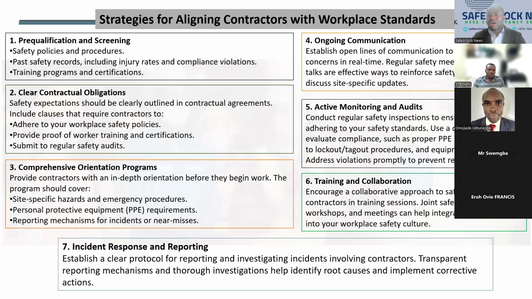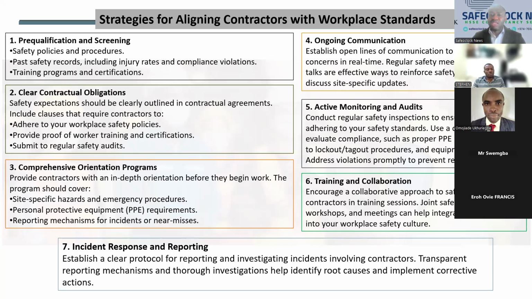Since the contractors are coming from different organizations, they have different standards, and they are working on a very short time. So what do we do in order to align these contractors to our own organization's workplace health and safety standard? The first thing, just like Stephen has said, is pre-qualification and screening. They should be properly screened. You should have your standards enumerated.